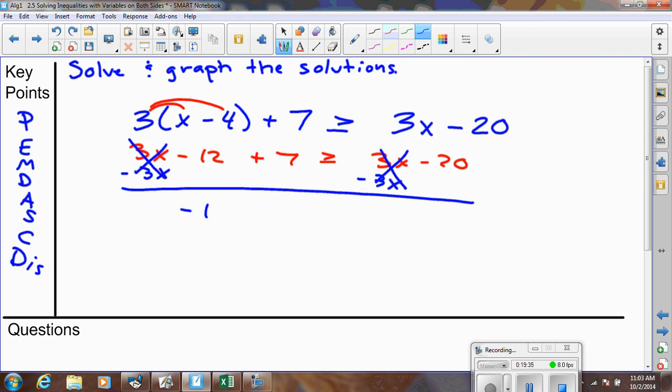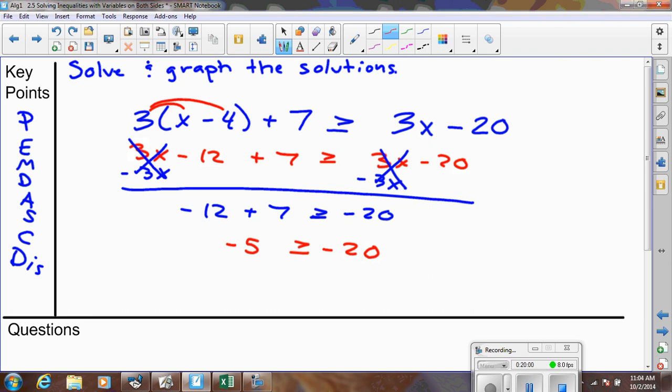So we wind up with negative 12 plus 7 is greater than or equal to negative 20. What do you want to do next? Okay, negative 12 plus 7 gives us a negative 5. Negative 5 is greater than or equal to negative 20.